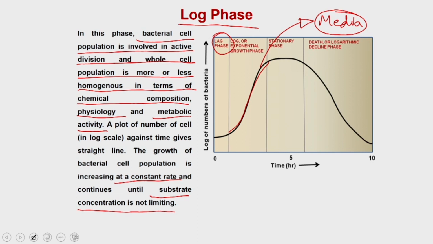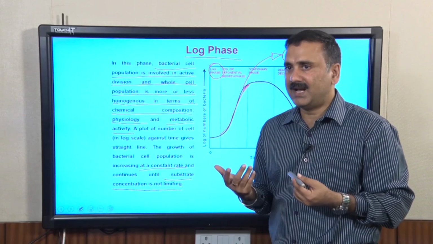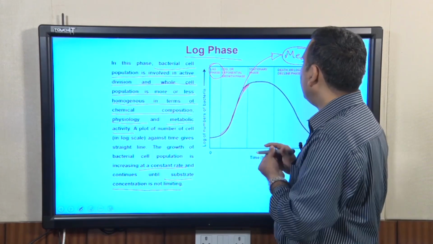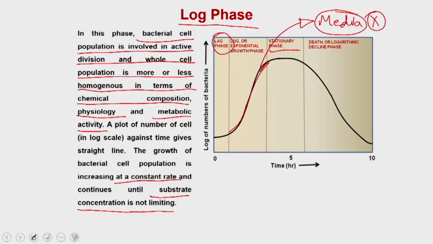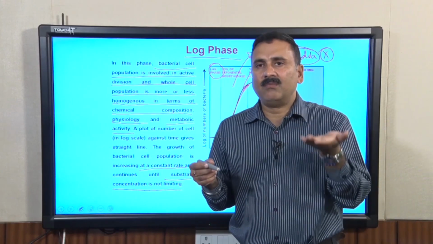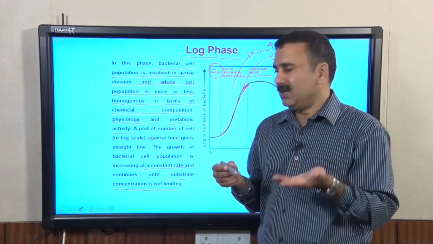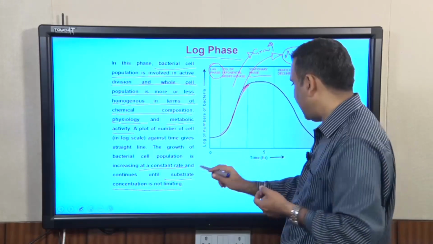Once the bacteria reach the end of the log phase, the media components are not going to give them enough nutrients, and that is how they will enter the next phase, which is called the stationary phase. In the log phase, the number of bacteria which grow is more compared to the number of bacteria which die, and that is why the number is increasing in proportion to the time.